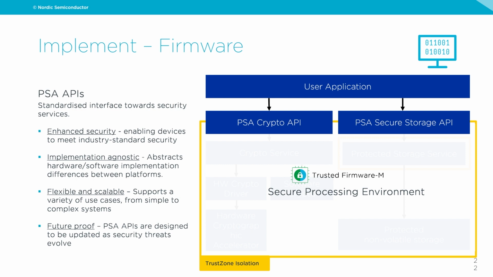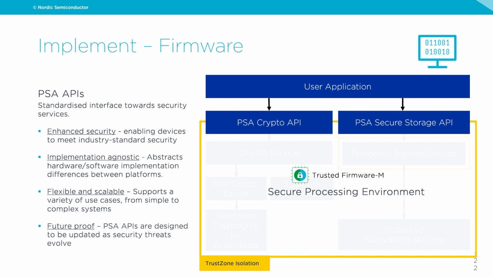So enhanced security, meaning that it enables devices, of course, to meet industry standard security, which is the whole goal of the PSA Certified IoT framework. It is implementation agnostic, so the APIs will always be the same. Your application doesn't have to worry about the underlying hardware or software implementation or the differences between platforms, because the APIs provide that abstraction from the underlying hardware.